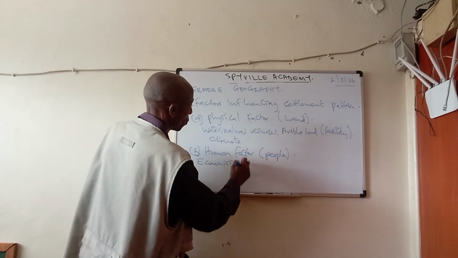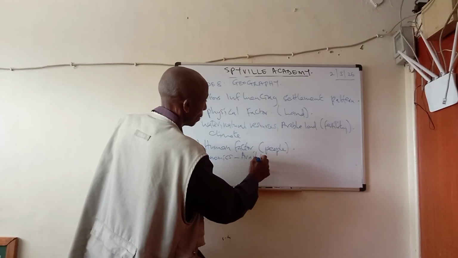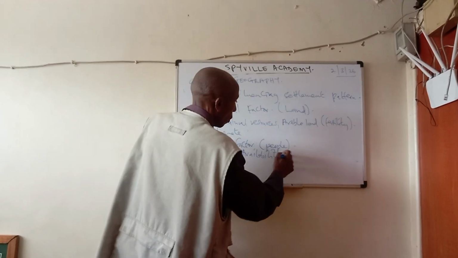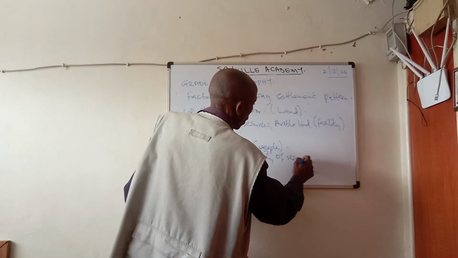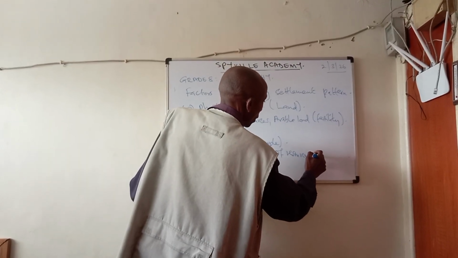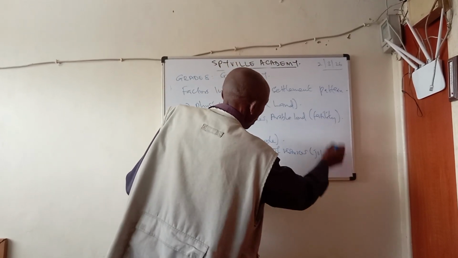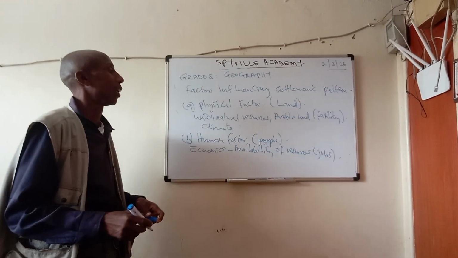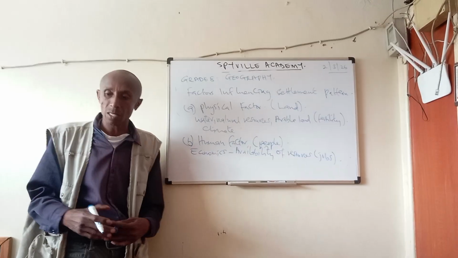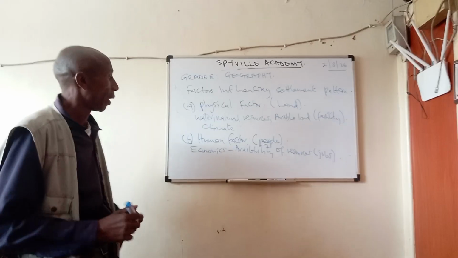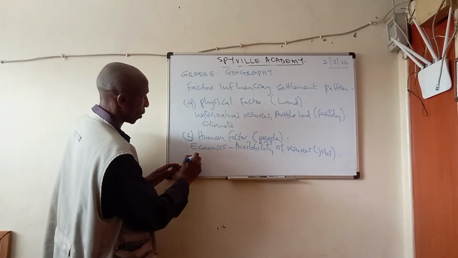Economics is availability of resources. So this has something to do with jobs. You create jobs, create the market for goods and services. Then another thing is something to do with transportation.